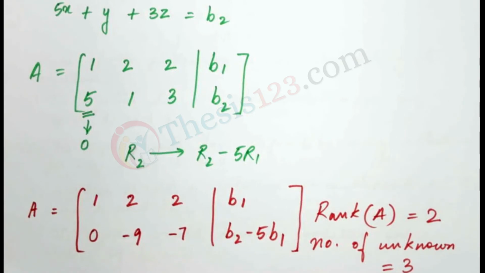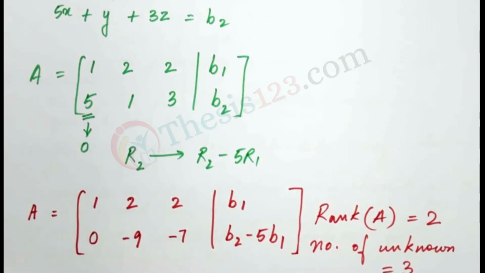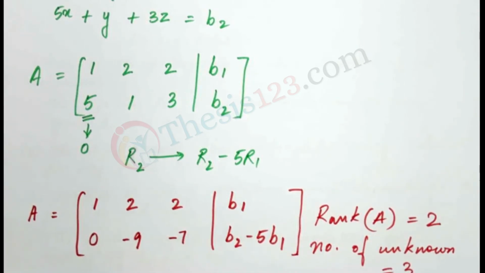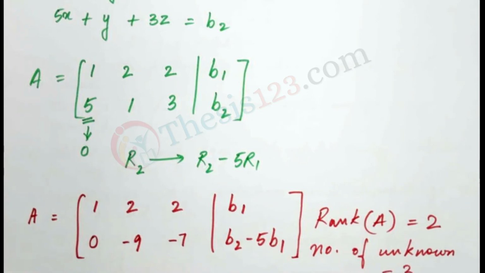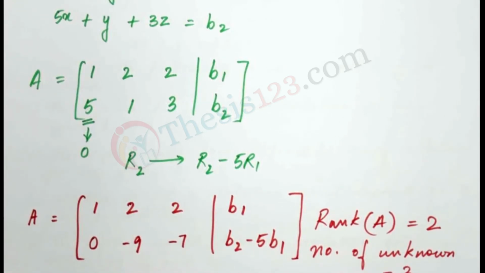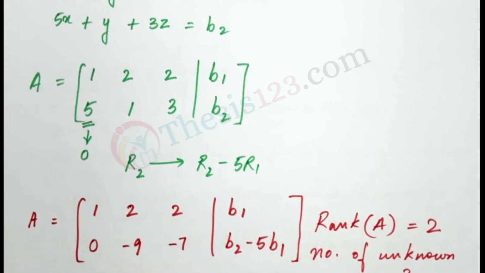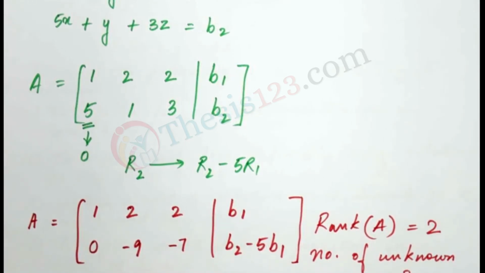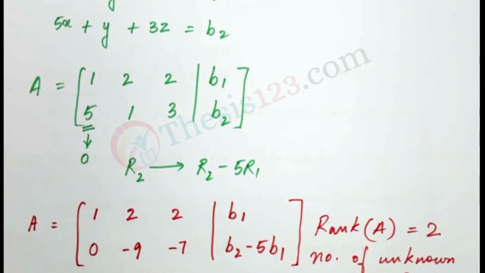Now when you look at both of these two numbers, the rank and the number of unknowns, we see that the value of the rank is less than the number of unknowns, right? So we have 2 which is less than 3. So when you have such an instance where the rank of a matrix is less than the number of unknowns, it implies that the system of equations has infinitely many solutions.